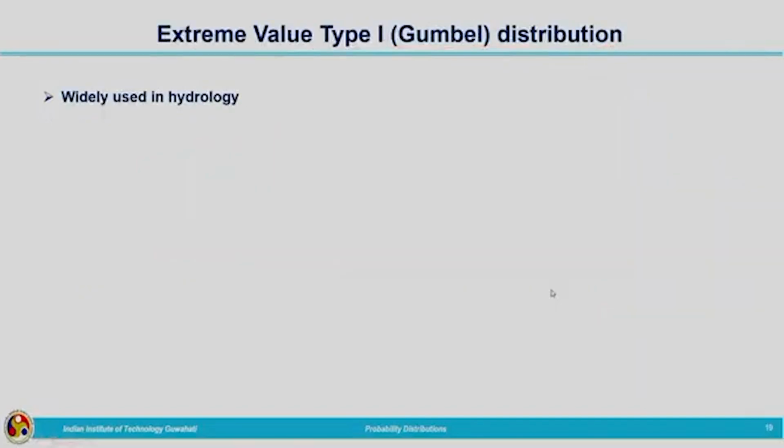Now, the next one is the extreme value type 1 distribution, which is termed as Gumbel's distribution. When we talk about hydrologic analysis, extremes are too common nowadays, that is, the occurrence of a flood. During the monsoon season, the majority of places are getting flooded and urban cities are very commonly getting flooded.